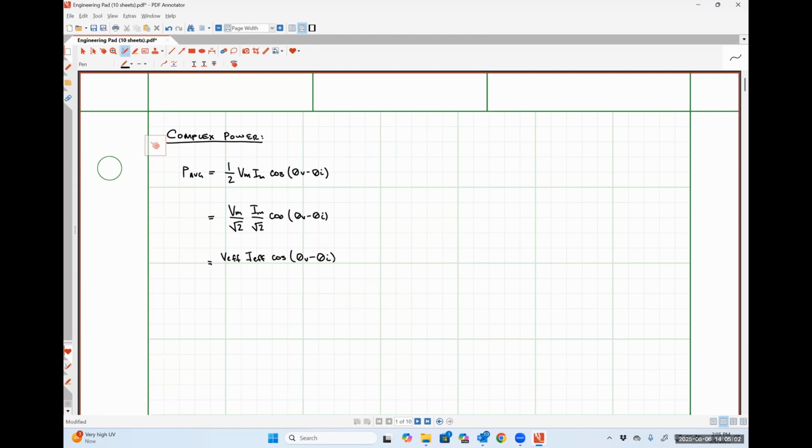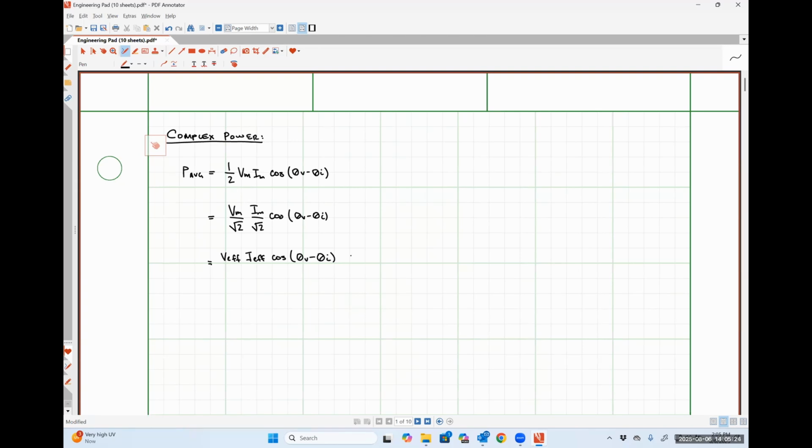Okay. So some people much, much smarter than me noticed that this result for average power, where we're using effective values, is the real part of a complex number calculation.